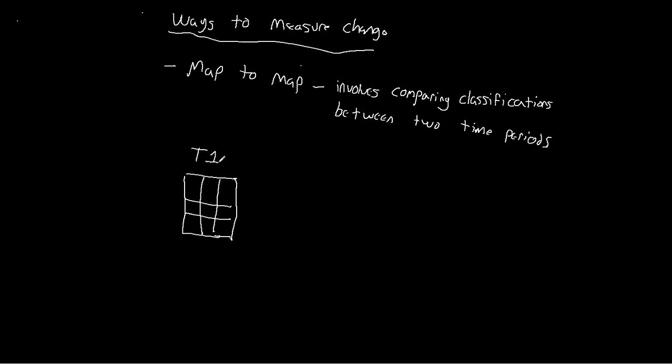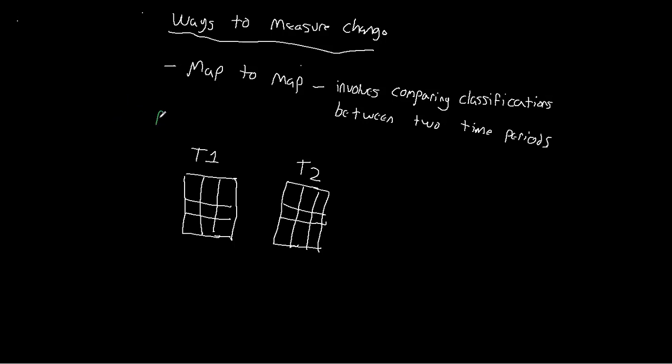This is time one. And this is time two. So in this specific stylized example, we have 9 pixels, and we'll say we have 5 classes.